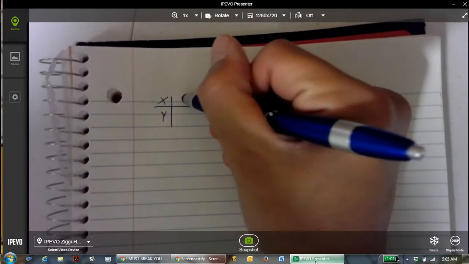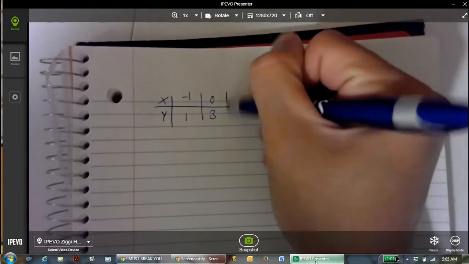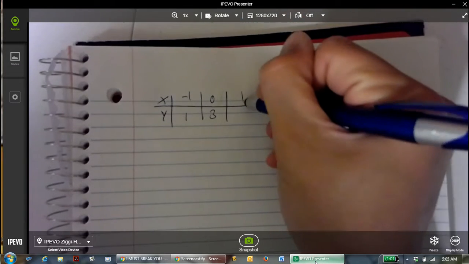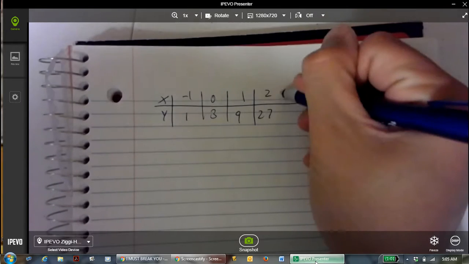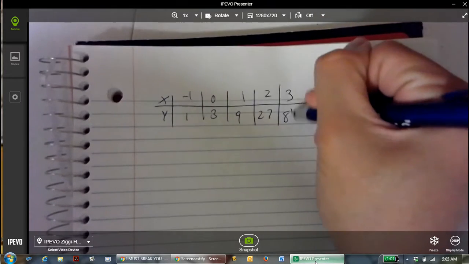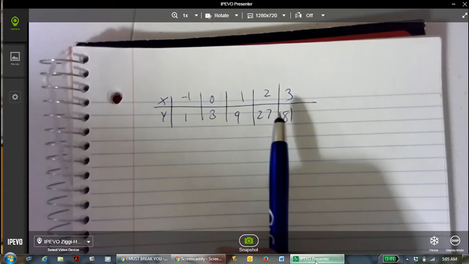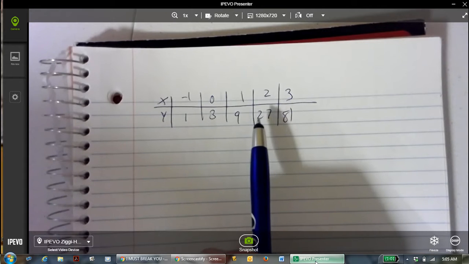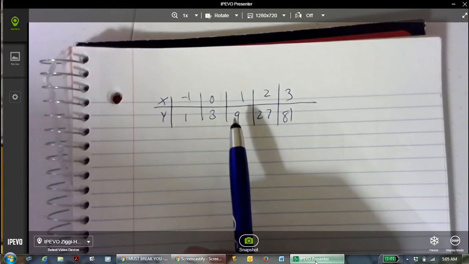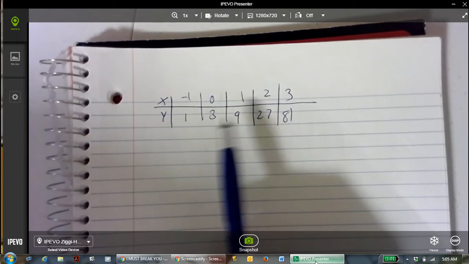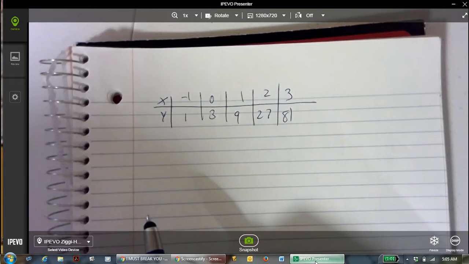So you can copy this down if you want. -1, 1 is going to be a point. 0, 3. 1, 9. 2, 27. 3, 81. Hopefully your mathematical intuition is setting off. This doesn't look linear, but something's going on, because from 1 to 3 to 9 to 27, there's something going on with the number 3 here. Like there's something kind of weird.